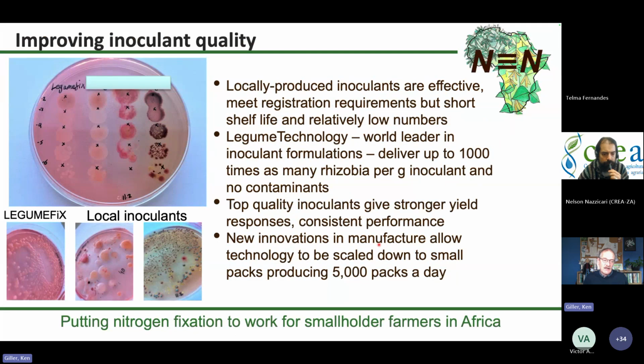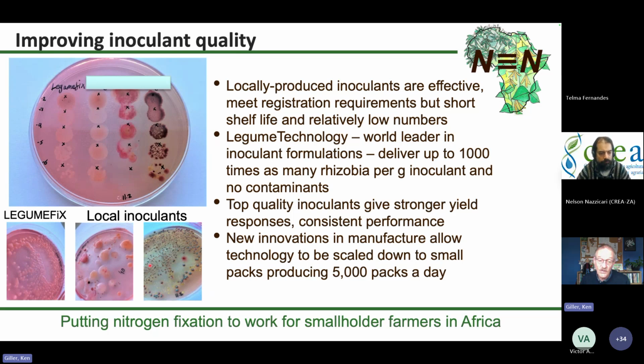But one of the issues that we found is that many of the local inoculants, and the names are blanked out here, were highly variable in quality. Here we've got dilution series on agar plates, and you can see these local inoculants containing many contaminant bacteria.